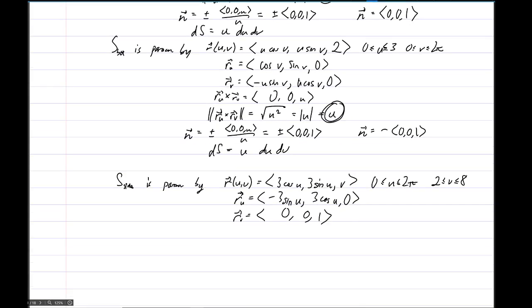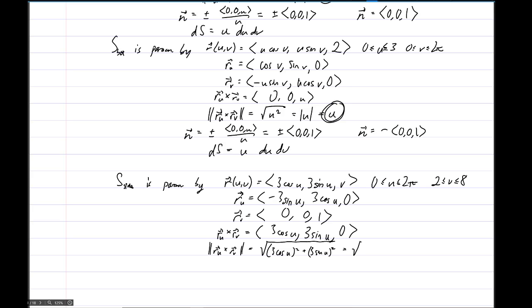The cross product of r_u, r_v works out, we won't show all the details here, to be 3 cosine u, 3 sine u, 0, and then the magnitude of this resulting cross product is, okay, you might see the shortcut, but I'm just going to write this out. 3 cosine u quantity squared plus 3 sine u quantity squared.